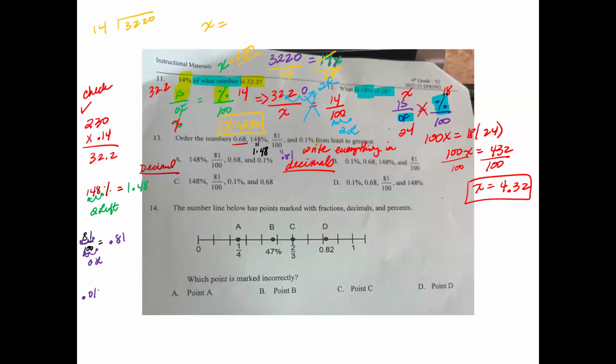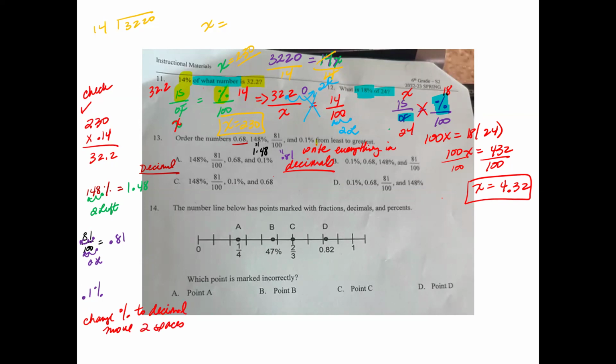Next one, 0.01 or 0.1%. Okay, so they did this to kind of confuse you. If you're going to look over here, when you change a percent to a decimal, okay? When you change percent to decimal, you need to move 2 spaces in which direction?